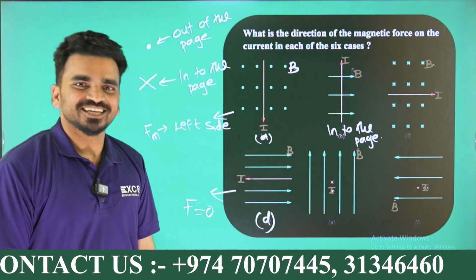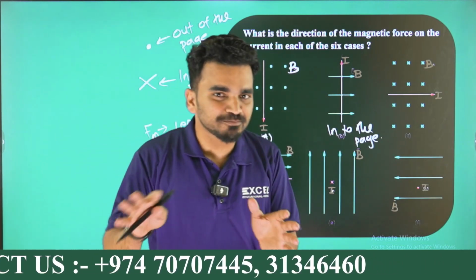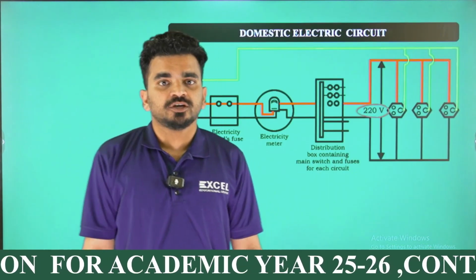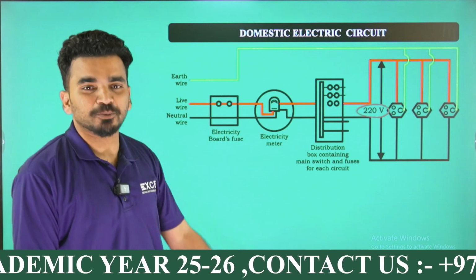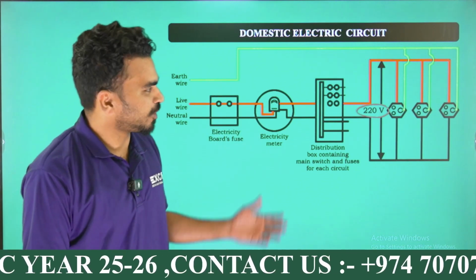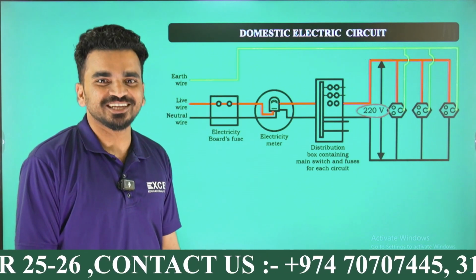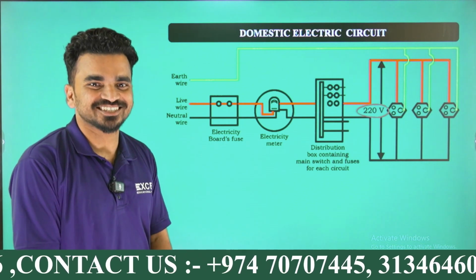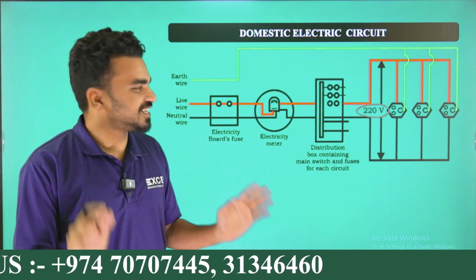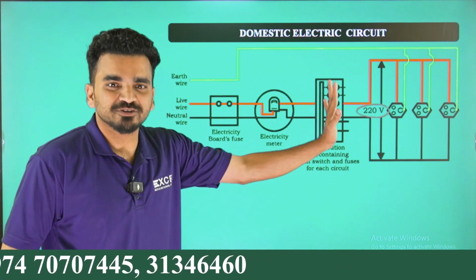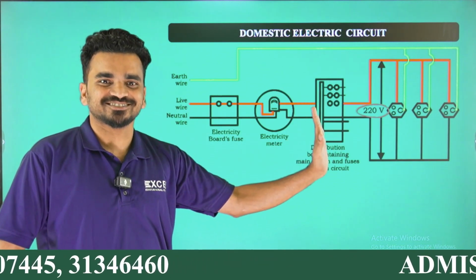All right. Now, we covered the magnetic force topic. Now here comes the last and important topic, which is called the domestic electric circuit. Wow, the circuit makes you feel a little complicated, right? Yes. Anyway, pause the video and try to look at this one for 20 seconds.